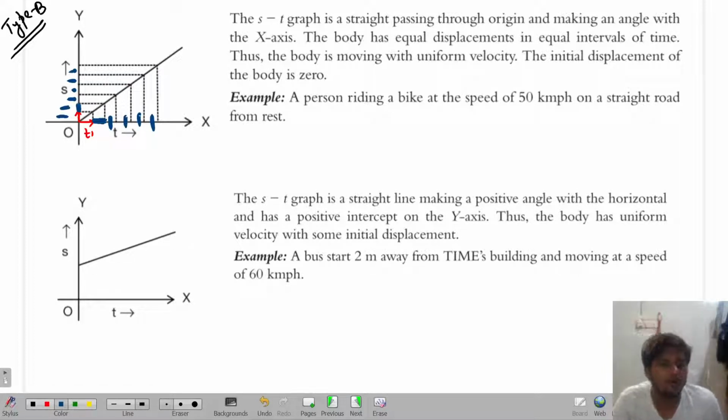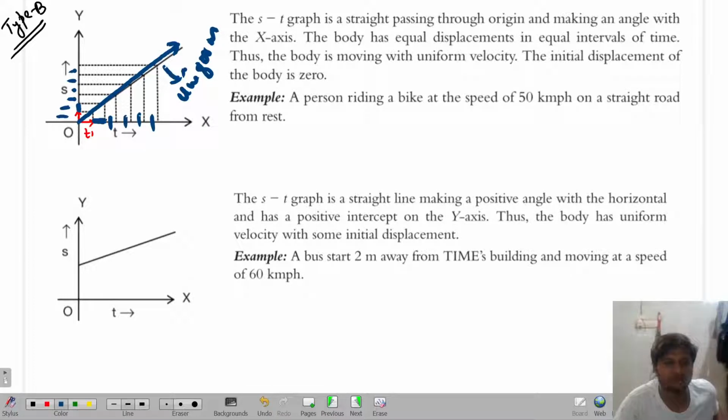So when you have equal distances in equal intervals of time, when you plot that graph, it will be a straight line passing through the origin. Got it or not? What kind of graph am I going to get? A straight line passing through the origin. Remember that this straight line says that we have uniform velocity.